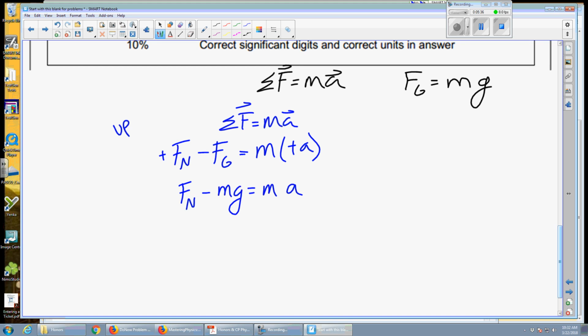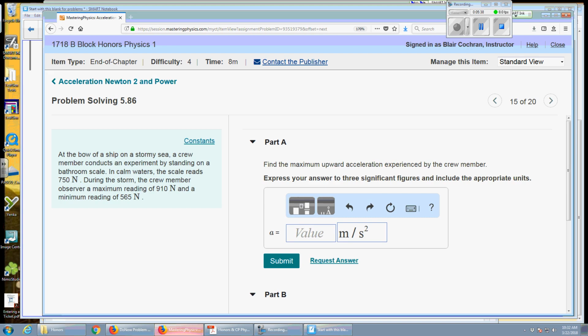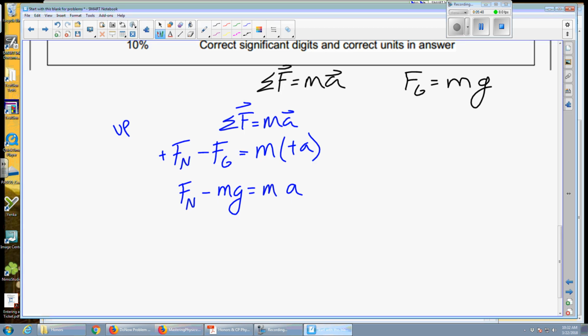Is it 0? Nope, this is, remember, it's accelerating upwards. Otherwise, I would have put it in 0. I know mg, that's 750. I know that force normal in this case is 910. So 910 newtons minus 750 newtons equals the inertia times the acceleration.